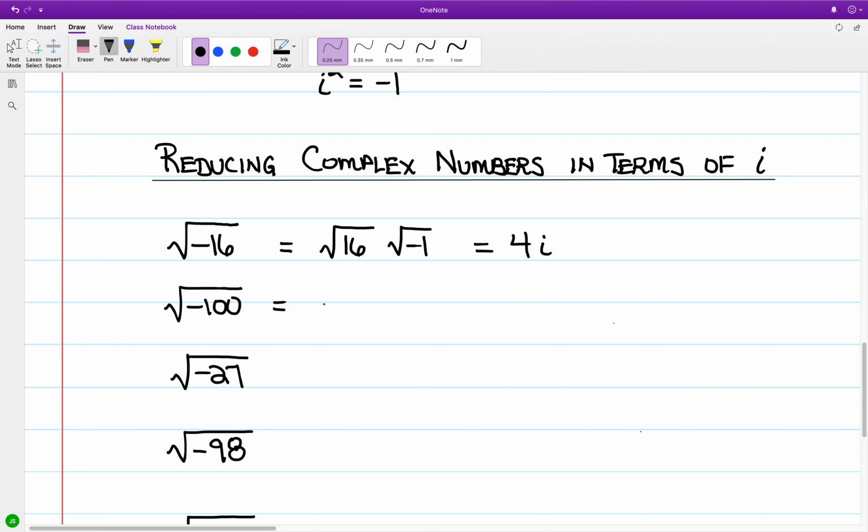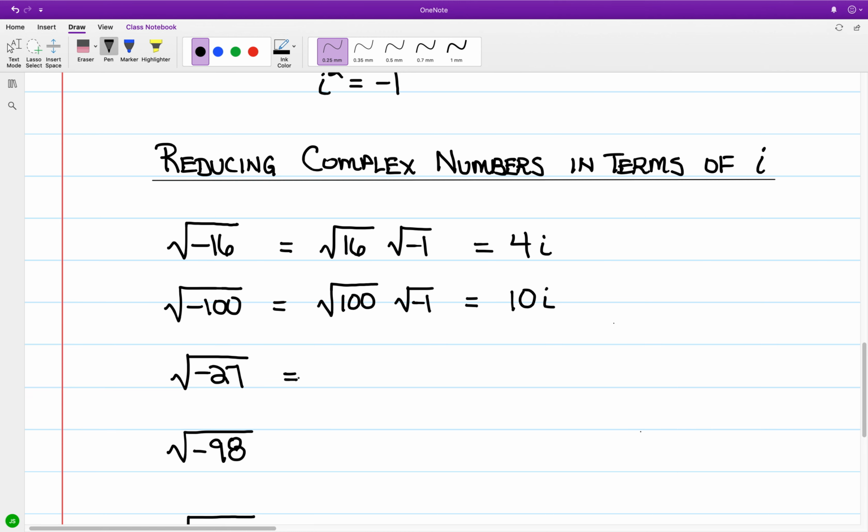Let's say I have another negative perfect square, -100. If I reduce in terms of the letter i, the square root of -100 is a complex number. Putting in terms of the variable i, the square root of 100 is 10, and the square root of -1 is i. So the square root of -100 is 10i.